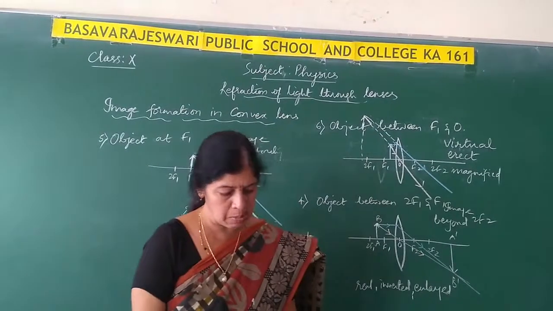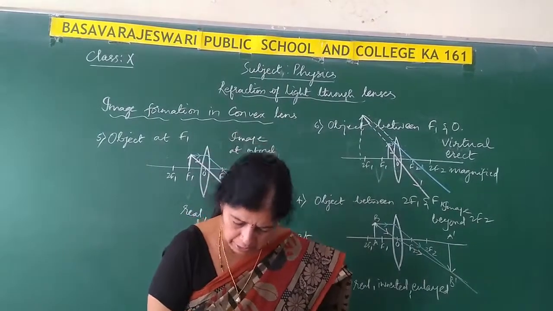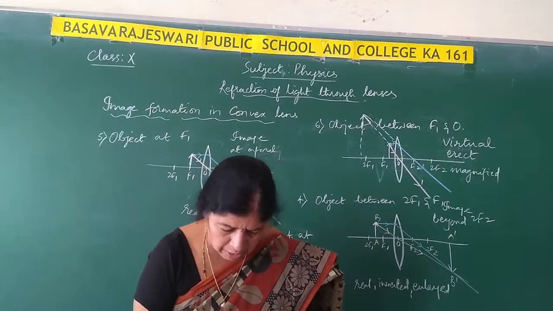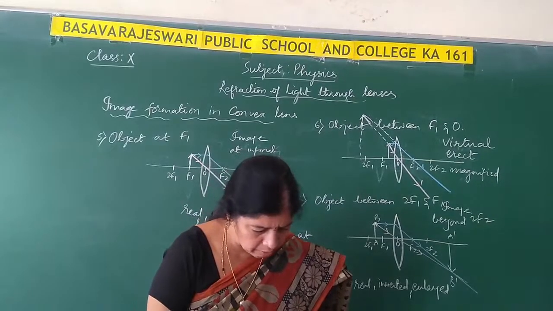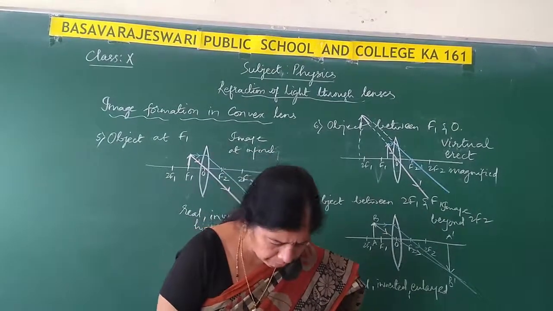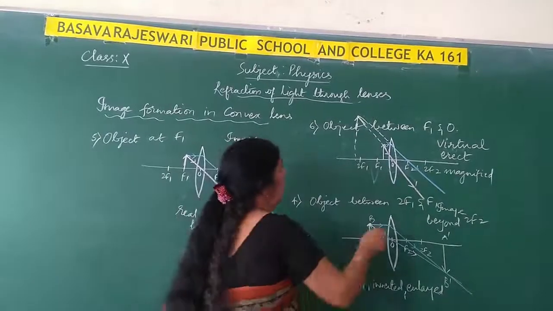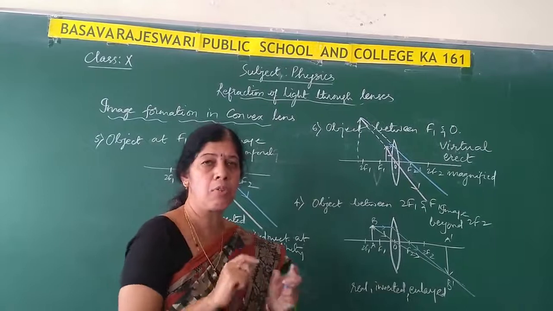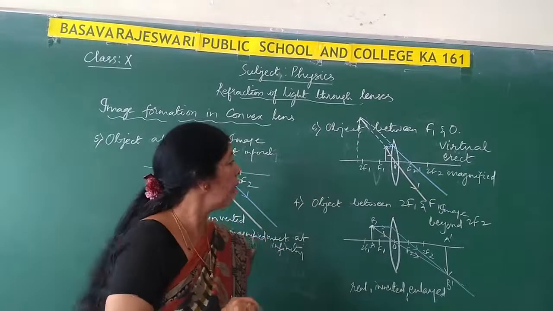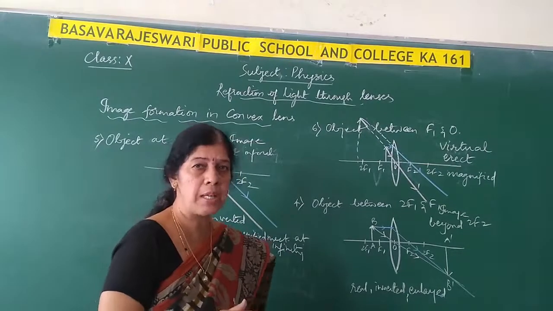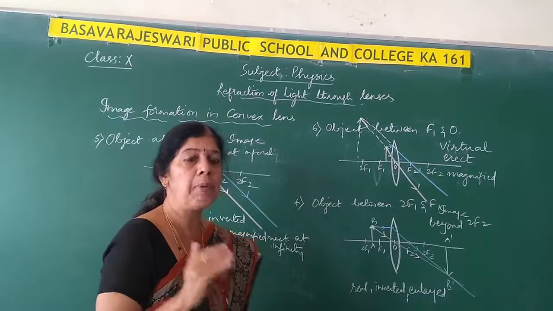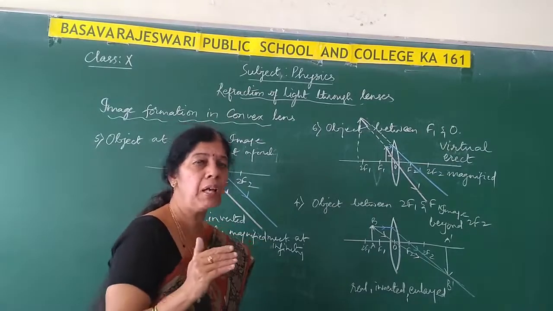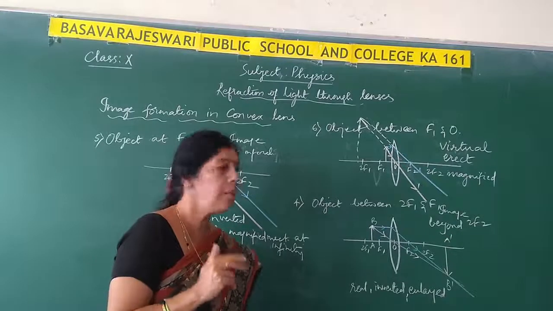So in your textbook you can refer to the various ray diagrams which are given, and at the end of this unit a table is printed in the textbook which lists out the characteristics of all the images formed in the case of a convex lens along with their applications, means where a particular setup of lens is used.